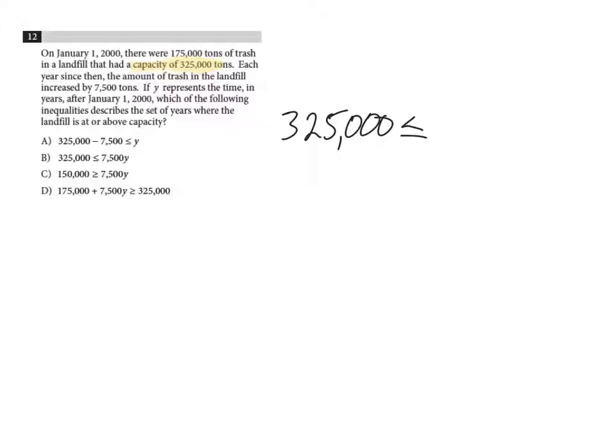Okay, and we know that we started with 175,000 tons, and then every year we were adding to that 7,500 tons per year, Y. Okay, so that's our equation, and it looks like we've got a solution right here. Perfect. D.